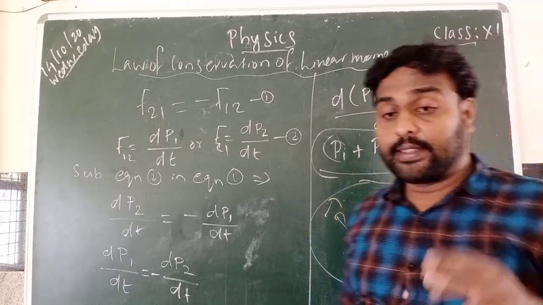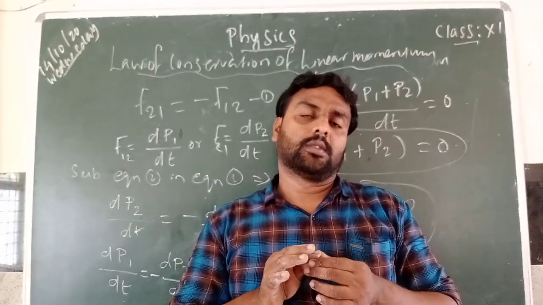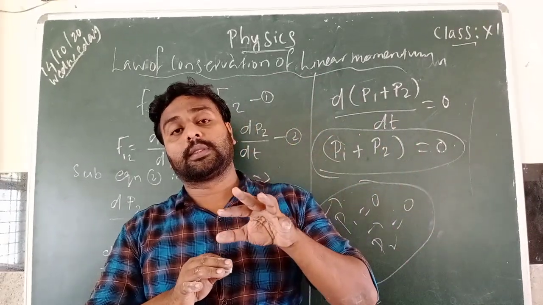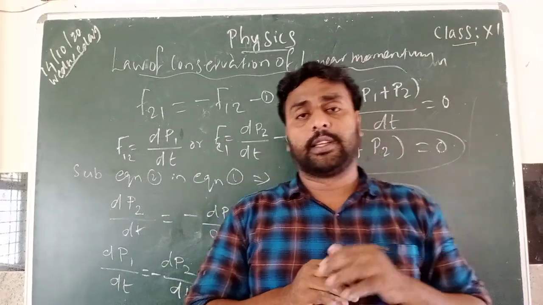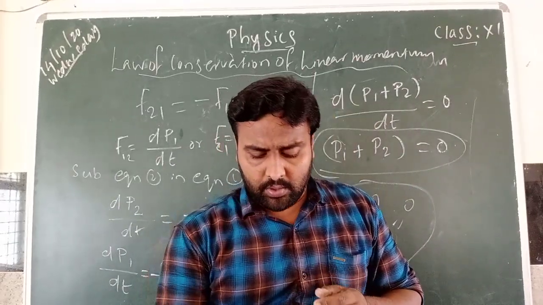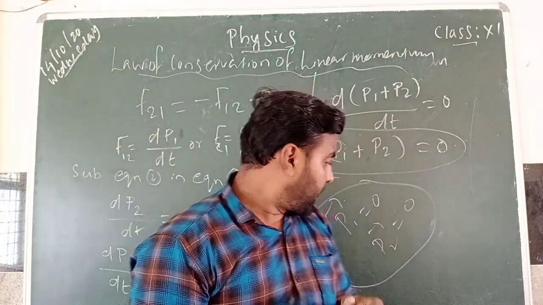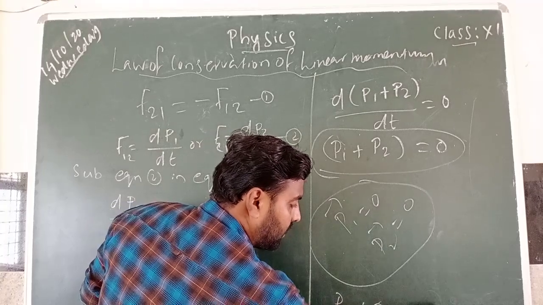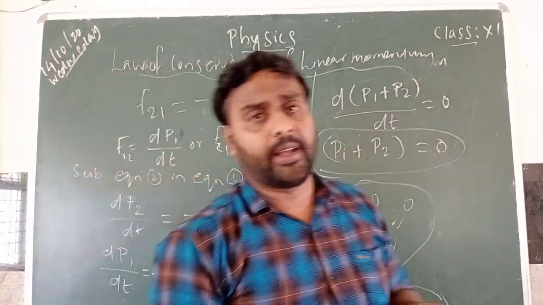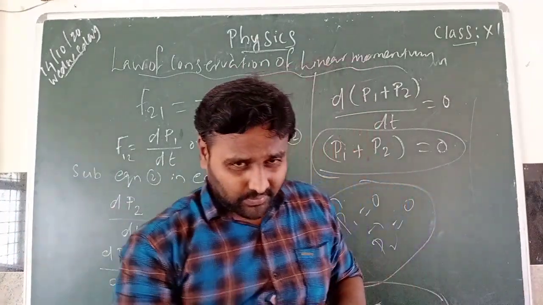Initially everything is at rest. So the total linear momentum acting on the gun plus bullet system is 0. So P1 plus P2 is equal to 0. This is the situation when the gun is at rest before firing.